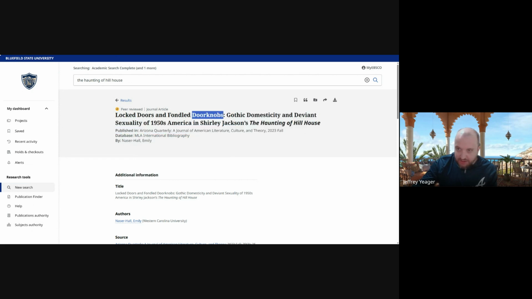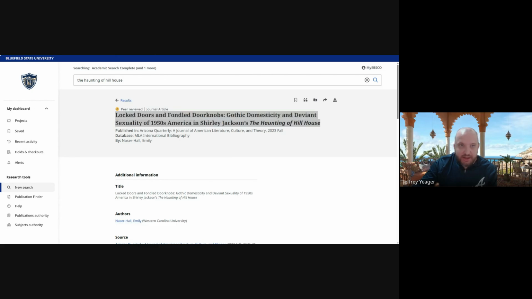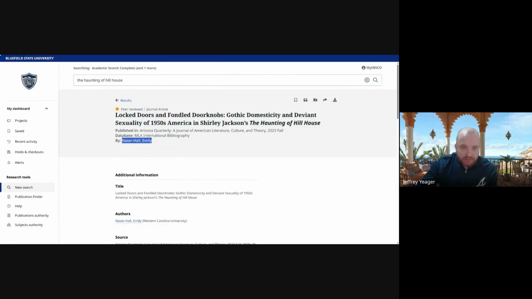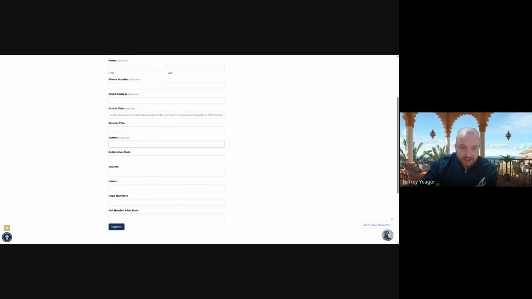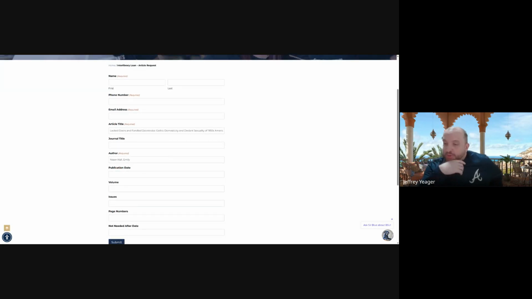The title of the article is something you would plug in, and the author of the article you would copy and paste into the interlibrary loan sheet. Then, of course, you would give your name, your number, and your email. And the school librarian, Dr. David McMillan, will be more than happy to get you the source in that case.